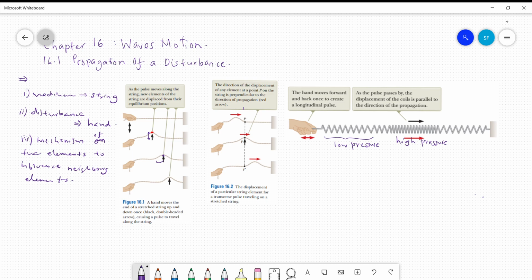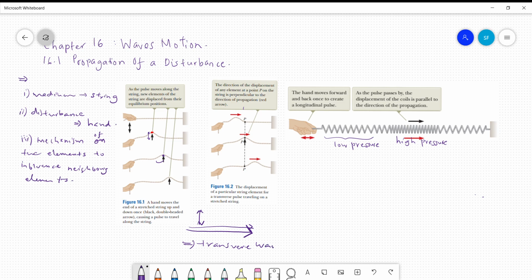So from here you can see that the vibration of the elements or particles is perpendicular to the propagation of the wave. The vibration is upward and downward, and at the same time the wave is traveling to the right. Every time the elements vibrate perpendicular to the propagation of the wave, a transverse wave is being produced.